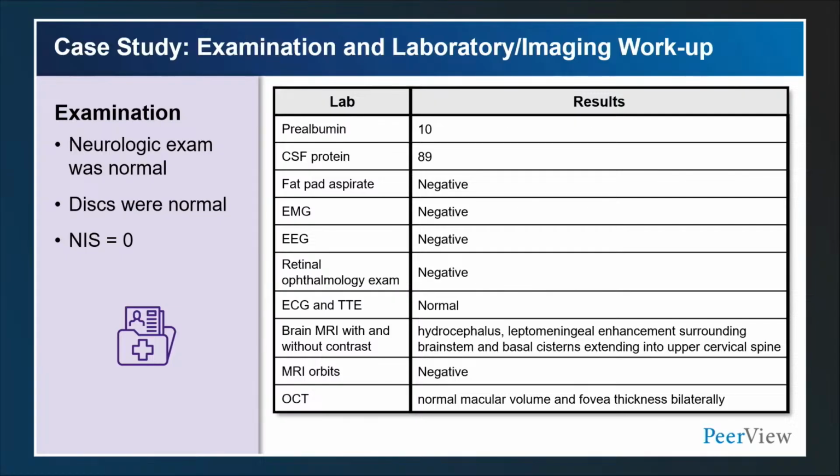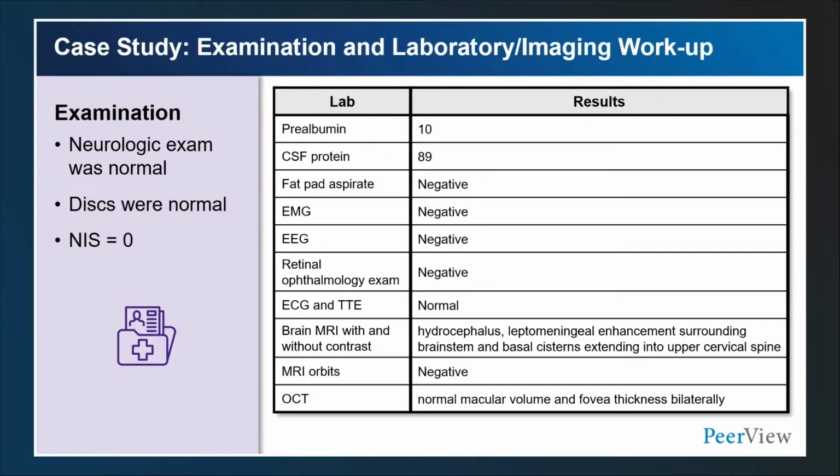In our 37-year-old gentleman, this was his workup. Notably, his prealbumin was 10. Again, prealbumin is transthyretin, was a little bit low. His CSF protein on spinal tap was 89, so a bit elevated.